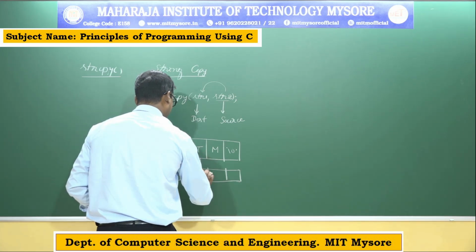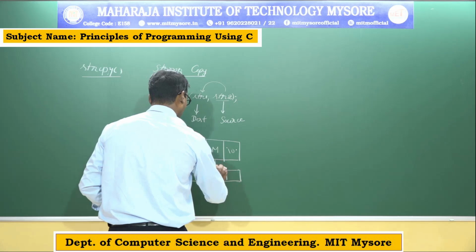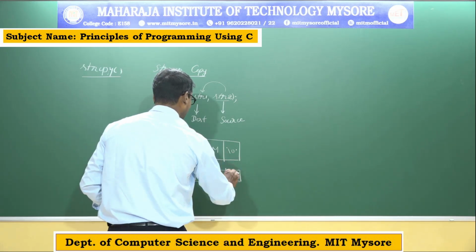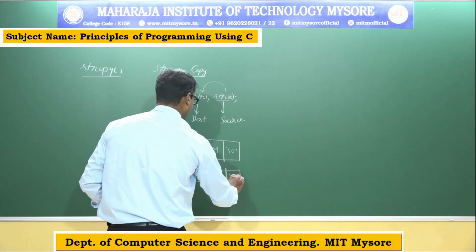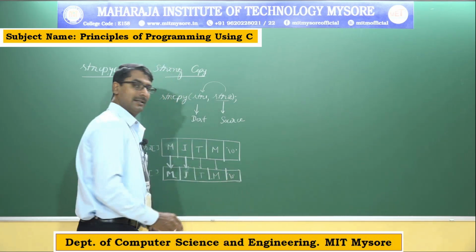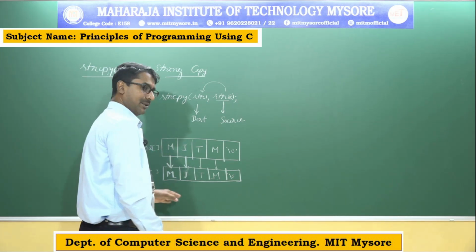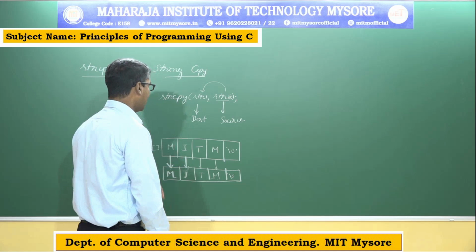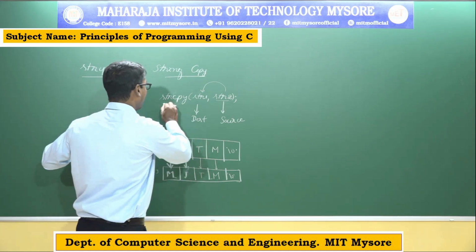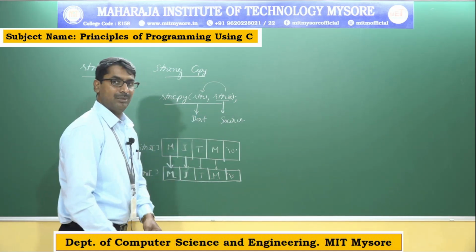Similarly the third character, then the fourth. Once it reaches the null character, it will terminate and assign the null character at the end. So the copy operation is performed character by character using the built-in function.